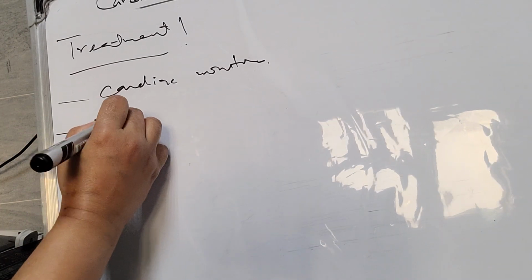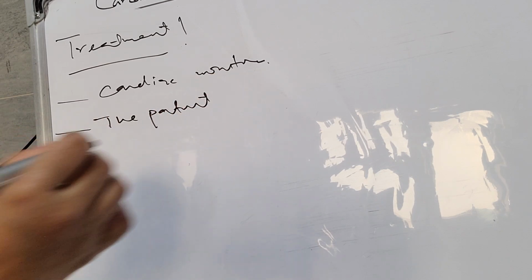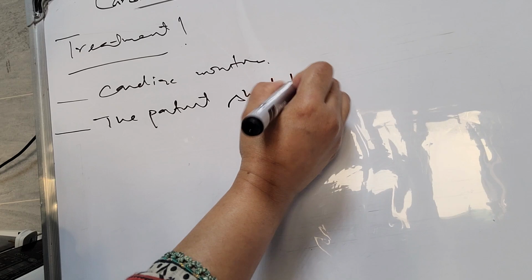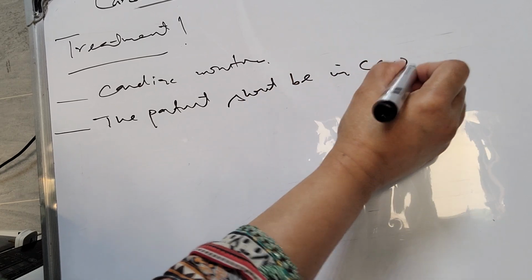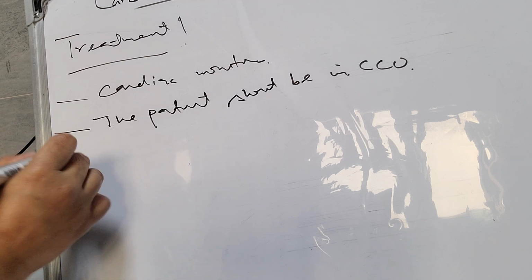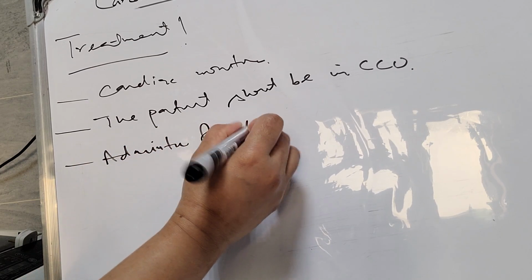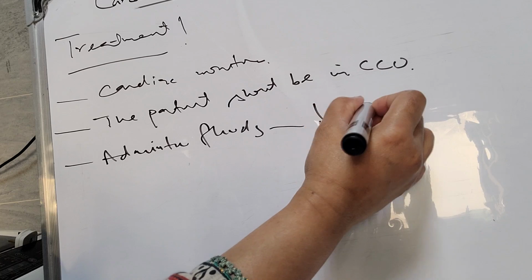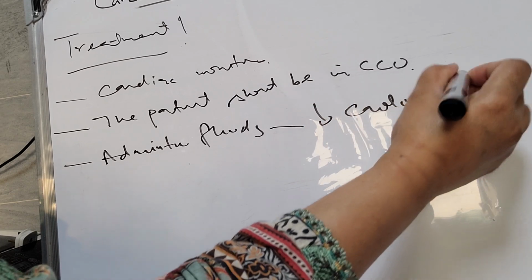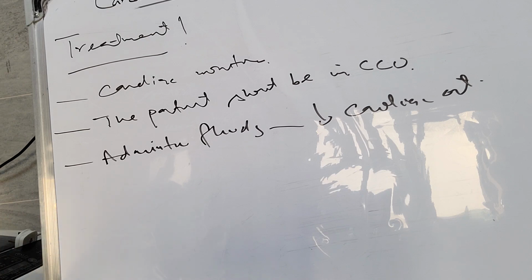The patient should be in the CCU, the critical care unit, the cardiac care unit. Administer fluids, because the patient already has decreased cardiac output, no? So to maintain cardiac output, we have to administer proper fluids as per the doctor's prescription.